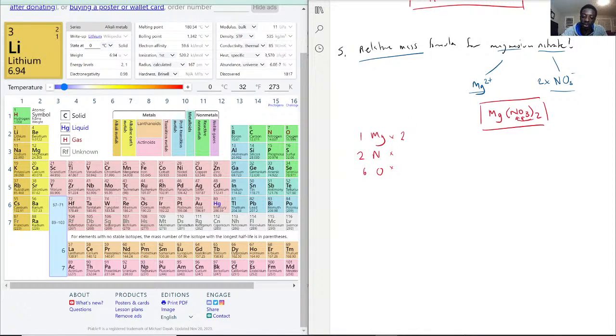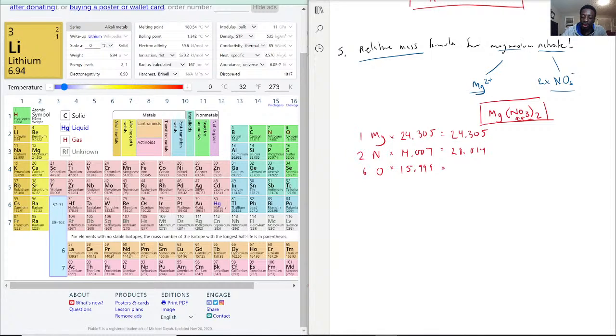Magnesium from the periodic table is 24.305. Nitrogen is 14.007. And oxygen is 15.999. So when you multiply these, we still get 24.305 for magnesium. And for nitrogen, 2 times 14.007 is 28.014.